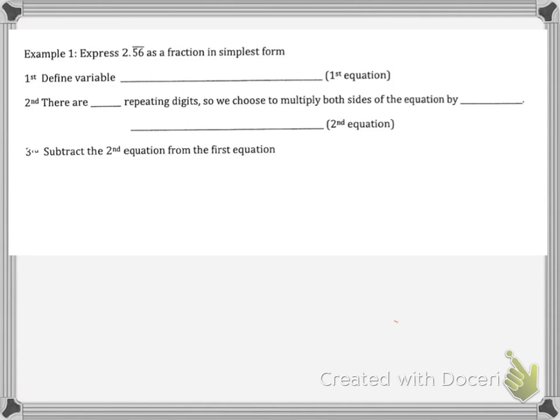So let's take a look at what that looks like in an actual example. So we have the decimal 2.56 repeating, and we're going to write that as a fraction in simplest form.